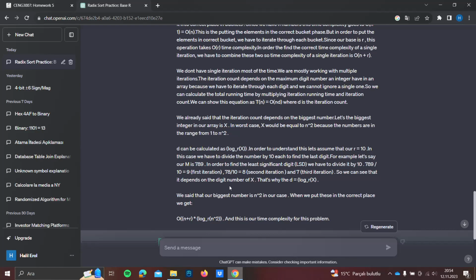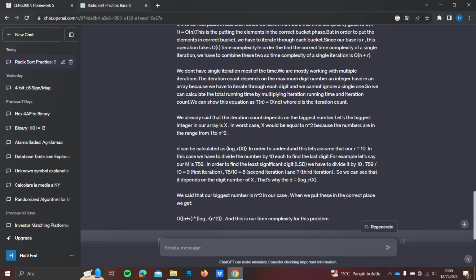So we can see that it depends on the digit number of x. That's why d is log x in the base of r. Why is it a logarithm? Because we are dividing by 10 each time. That's why in this particular example, it is actually log x in the base of 10. So we said that our biggest number is n squared in our case.